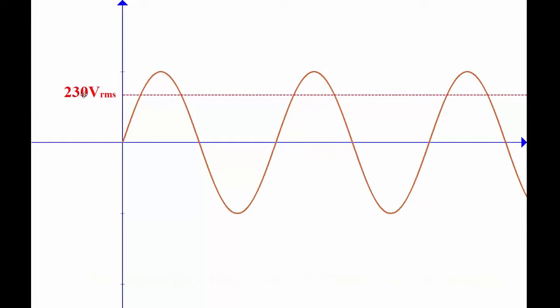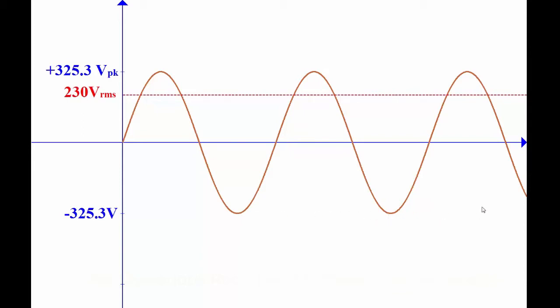In fact, it's root 2, which is 1.414 times 230, which gives us a value of 325 volts peak at that level there. So each of these is 325 volts, and on the other side of the axis you have negative 325 volts at this point, and this point, etc.